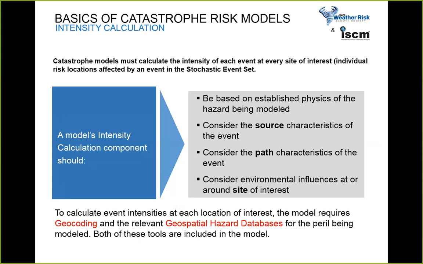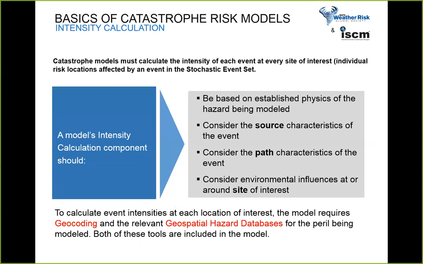So how is the intensity at each location in your portfolio calculated? Well, it's based on the established physics of the hazard being modeled, and it has to also consider the source, path, and site characteristics around your risk to determine what the intensity actually is. You can consider source characteristics as the intensity of the tropical cyclone itself.